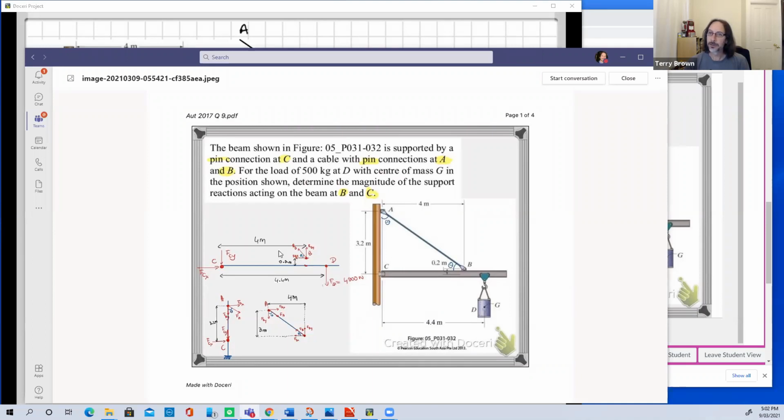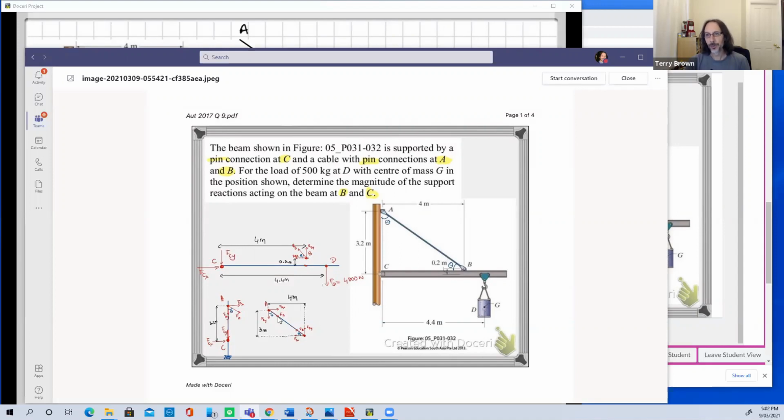Nice, neat free body diagrams, nicely drawn. That's excellent. But here, the same point exists on the 2 connecting components. The way I like to think about it is when we draw the free body diagram of the beam, we show what the cable is exerting on the beam.